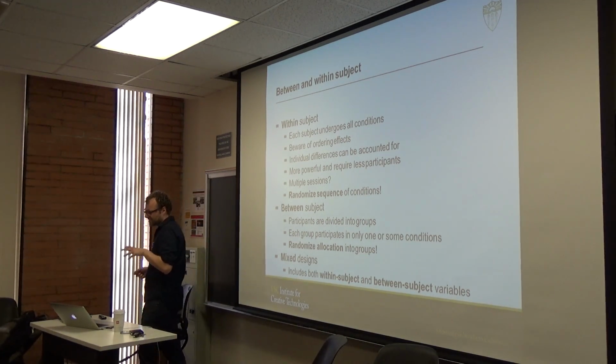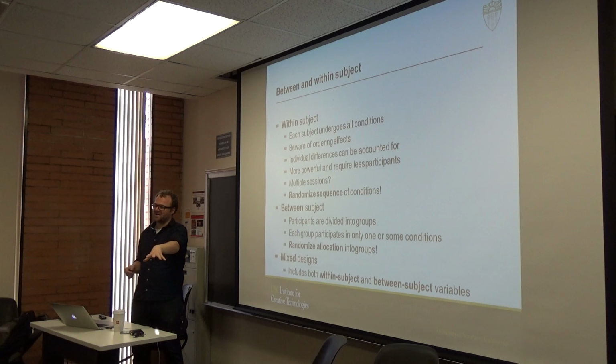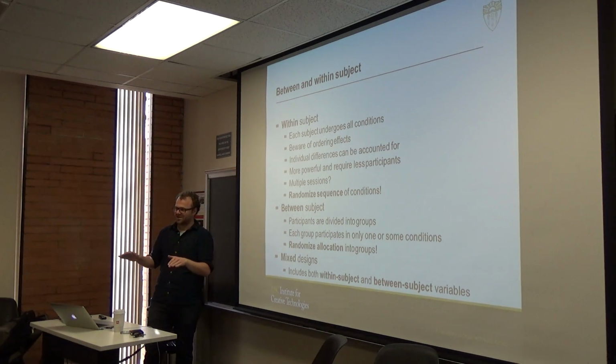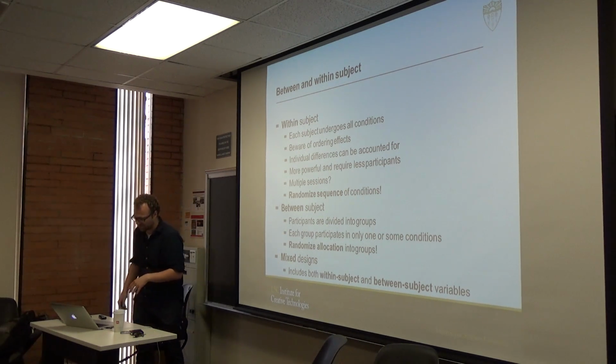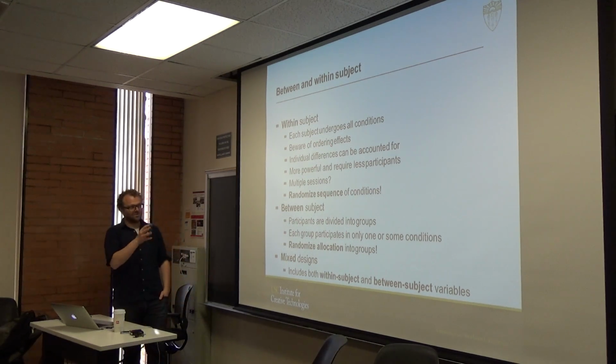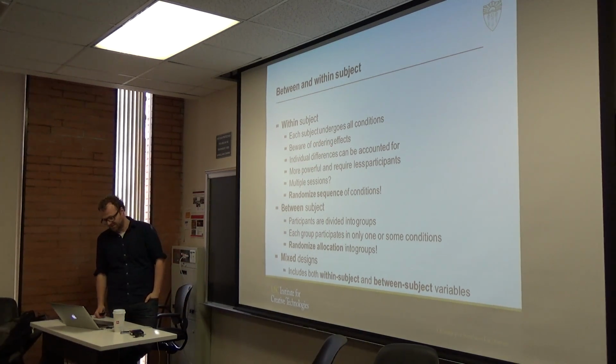For example, you can't just have everybody first interact with A and then everybody interacts with B, right? Unless that is really, really required to have that separation. You want to balance out ordering effects, for example, and so on. So there's many things that you have to consider in these cases.